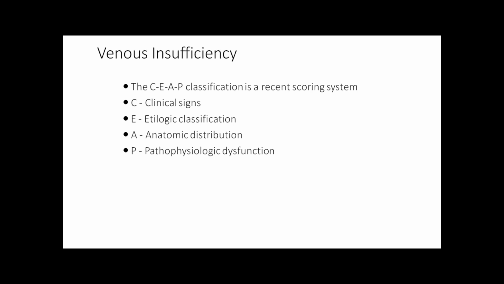So the CEAP classification is very important. This is a recent scoring system. C is for clinical signs, E for etiological classification, A for anatomic distribution, and P for pathophysiological dysfunction. This CEAP classification will be asked in vivas also.